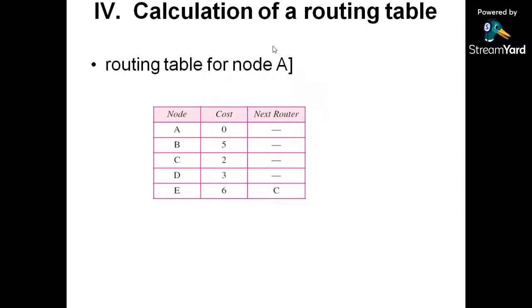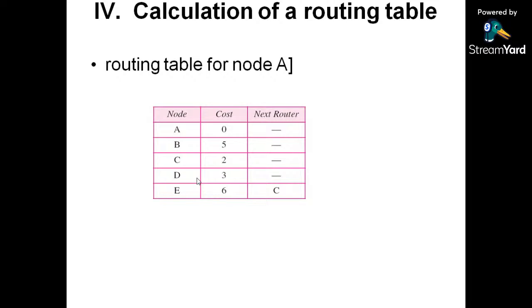Now this is the calculation of the routing table for node A. From node A to A the cost is 0, and there is no next router. For node B the cost is 5, and it also doesn't have any next router. C and D are also directly connected with costs 2 and 3 respectively, without any next router.